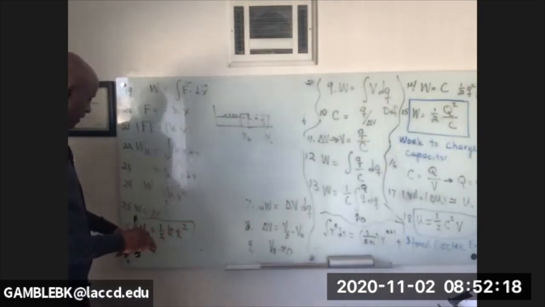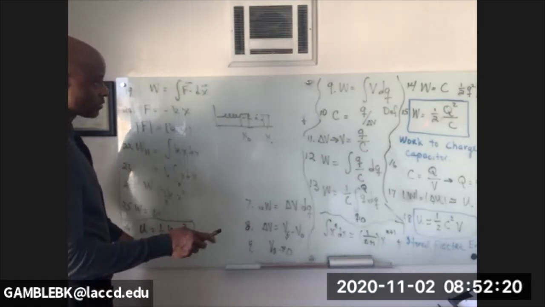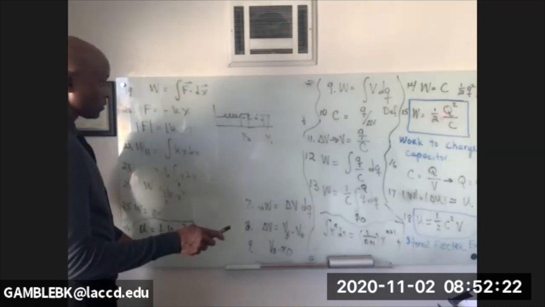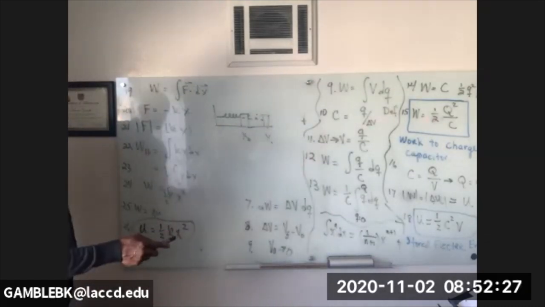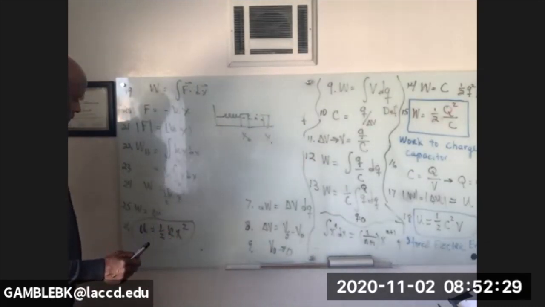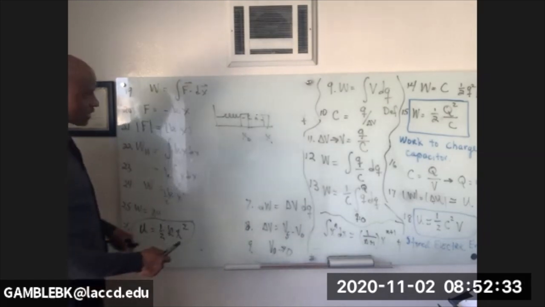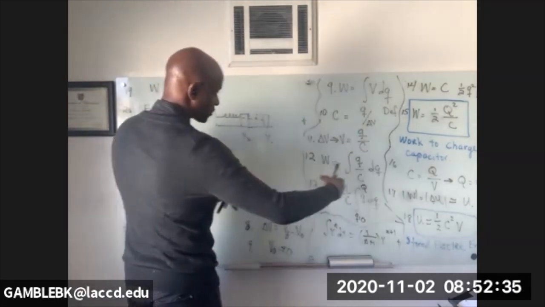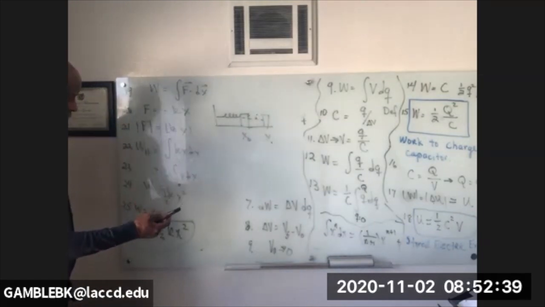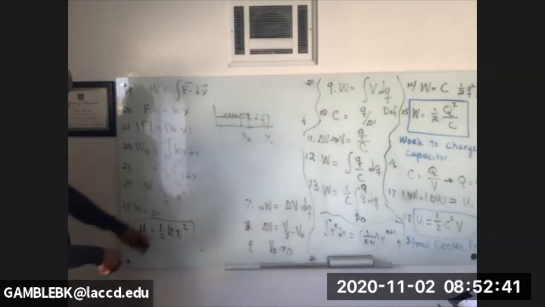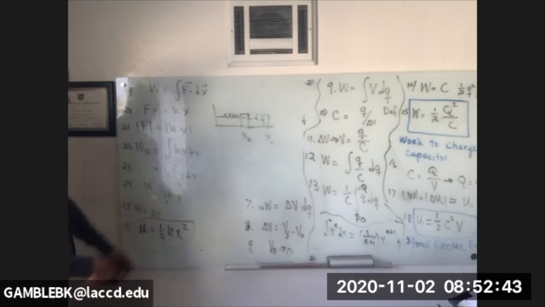I'm sorry. It's comparing equation 26 to 15. The X is like the charge. That's what's changing as you stress the spring, and that's what's changing in the capacitor as you charge it up. So the X is analogous to Q, and the K, the spring constant, is analogous to the 1 over C.